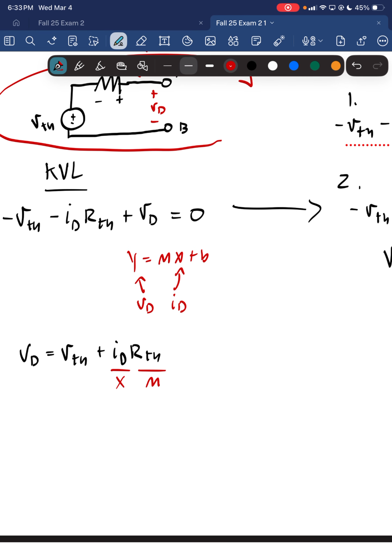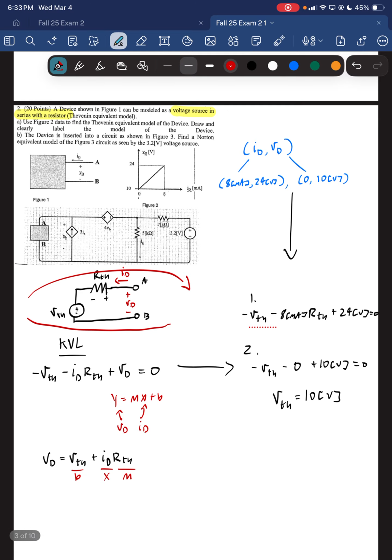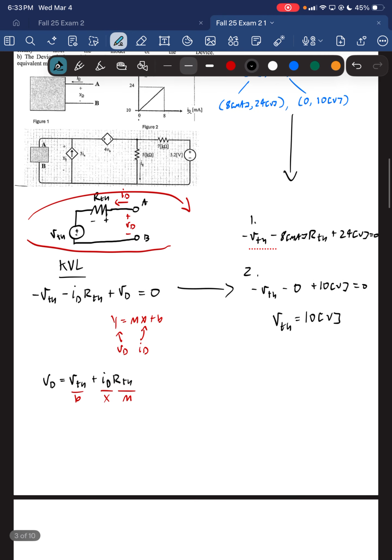This is our slope. And then this is our B, which is our y-intercept. So here, our y-intercept is 10 volts, right? So as a result, V Thevenin is 10 volts. That's our y-intercept, that's our B. Our M, if we find the slope, well, our slope is going to be R Thevenin. So if you took the slope of this line, which is 24 volts over 8 milliamps, you get 3 kiloohms.